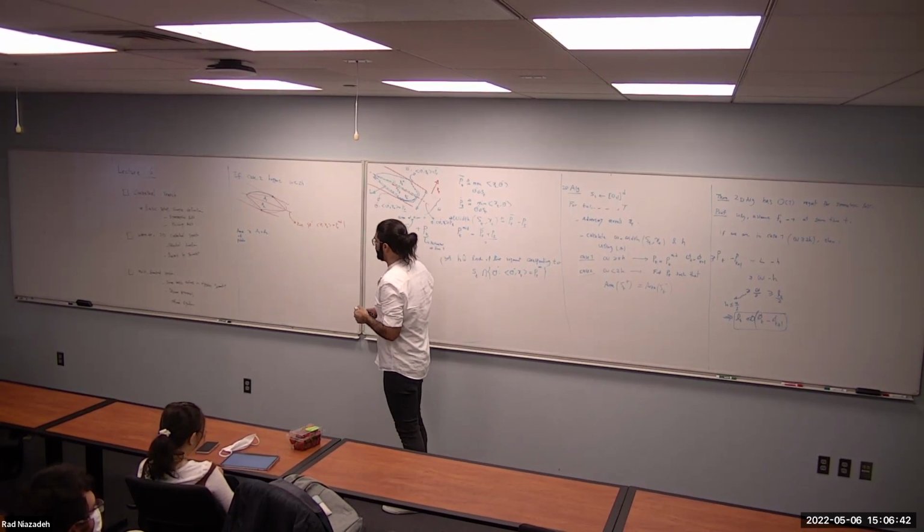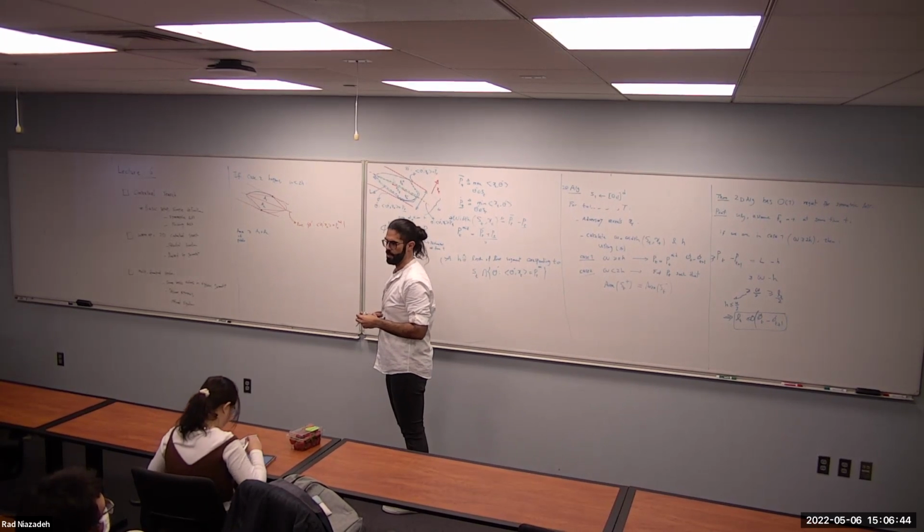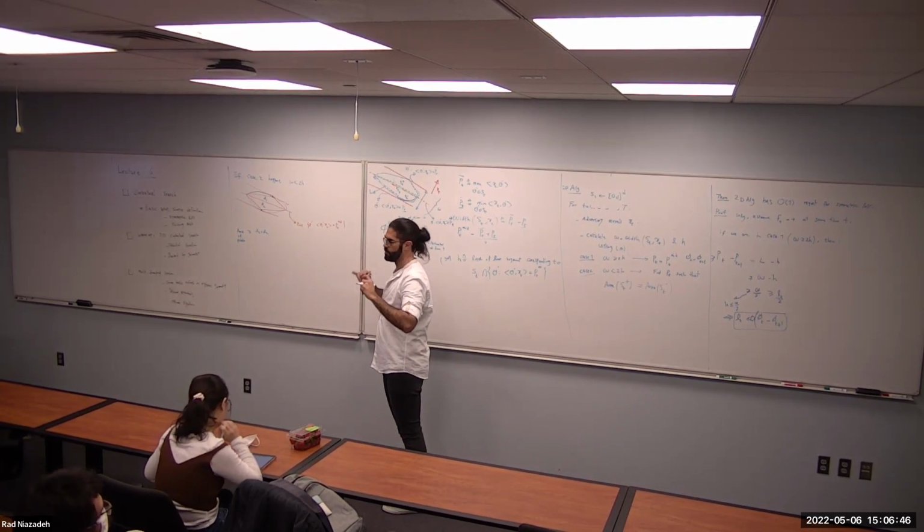All right, so what can we say about A1 and A2? A1 and A2 are two areas of two triangles.